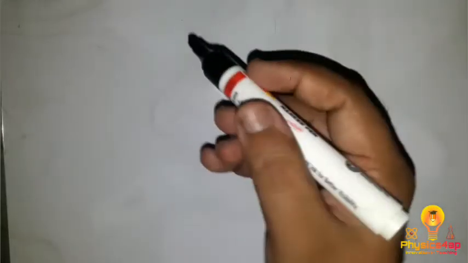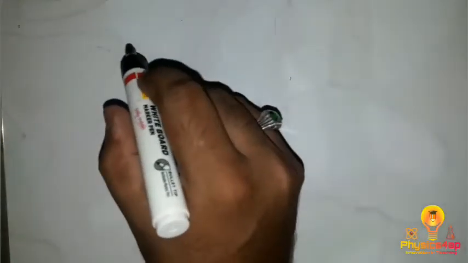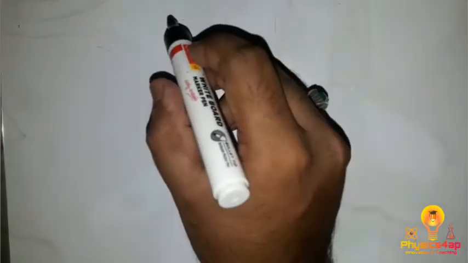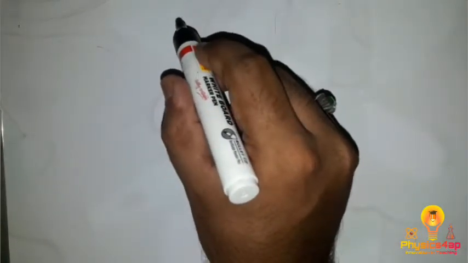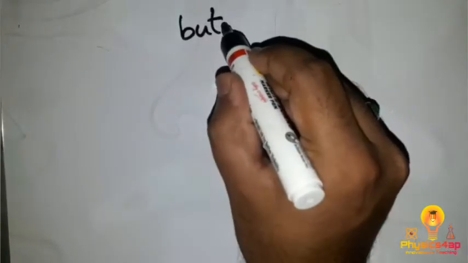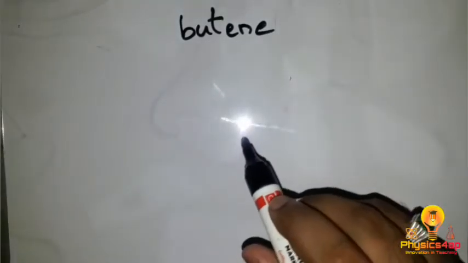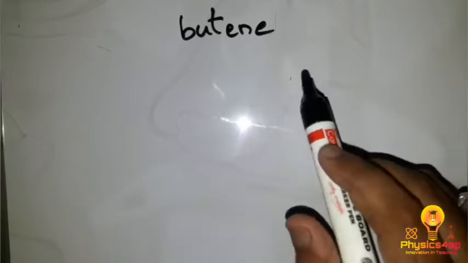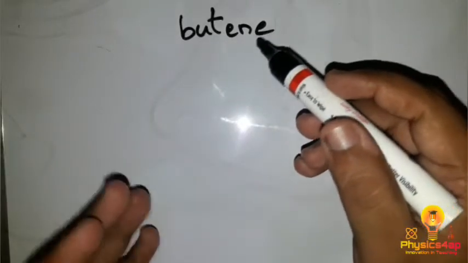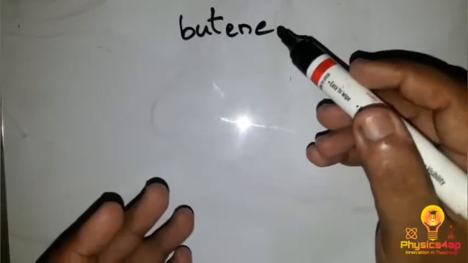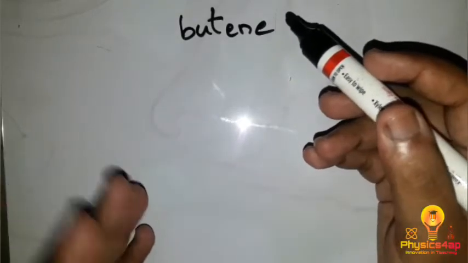So let's do one for the double bond. Let's take butene. Here we didn't give any number, so that's nothing but 1-butene, which means the double bond belongs to the first position.